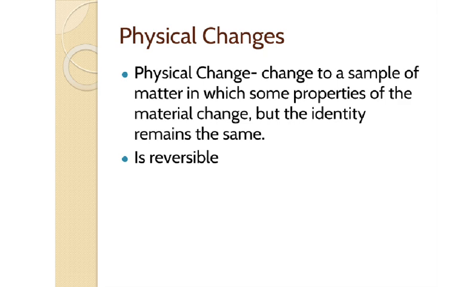The action here is to color. The change is what's actually changing the property. So I have my red apple, I color it blue with my marker, and now I have a blue apple.